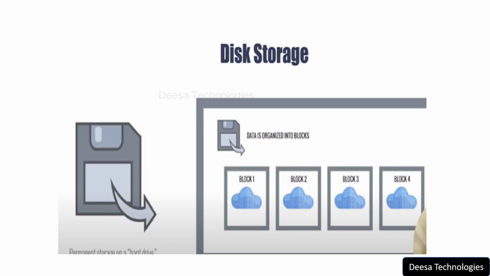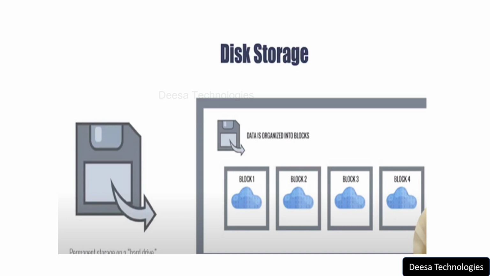Now if you want to query the data from this disk, you need to have that query fetch the data from these blocks. The data that you are looking for might be in all of these blocks, or maybe in some part of the block, or maybe just in one block. So if I have data which is in block 1 and I just want to retrieve that particular data, then my query can just go into block 1 and retrieve that data.